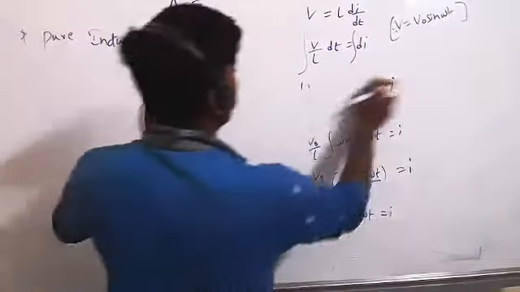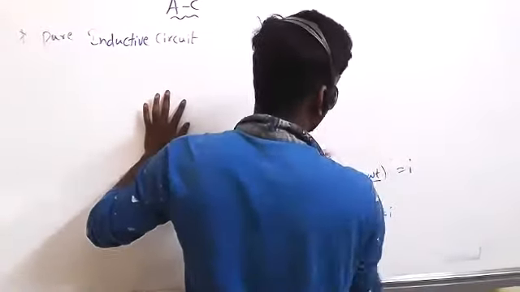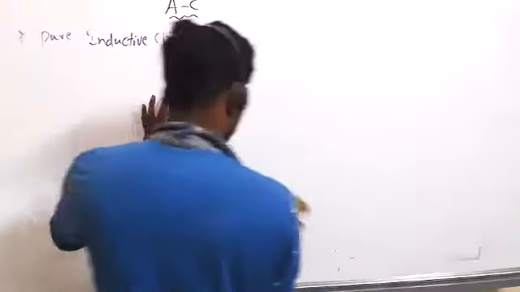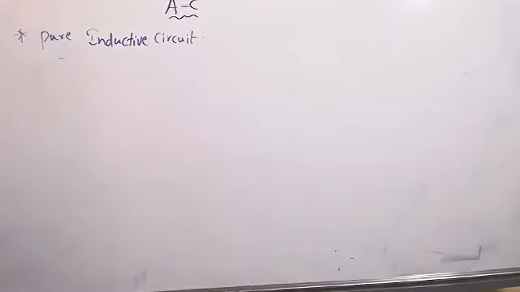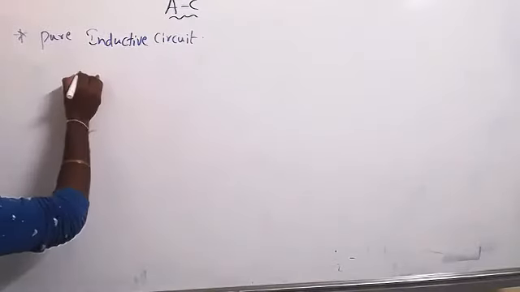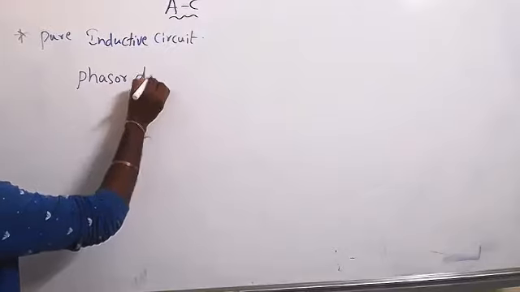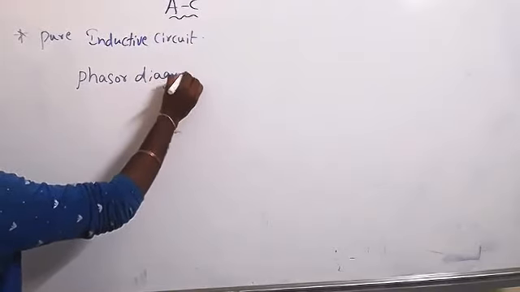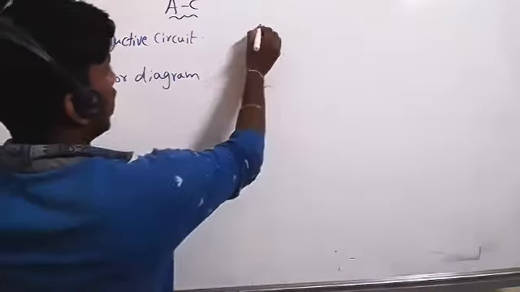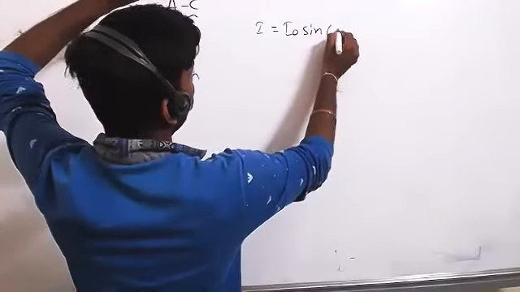Now phasor diagram. Very easy to draw a phasor diagram, but you should understand very clearly. They will ask to draw the phasor diagram in a pure inductive circuit. First, phase difference. I is equal to I naught sine, how much we got?